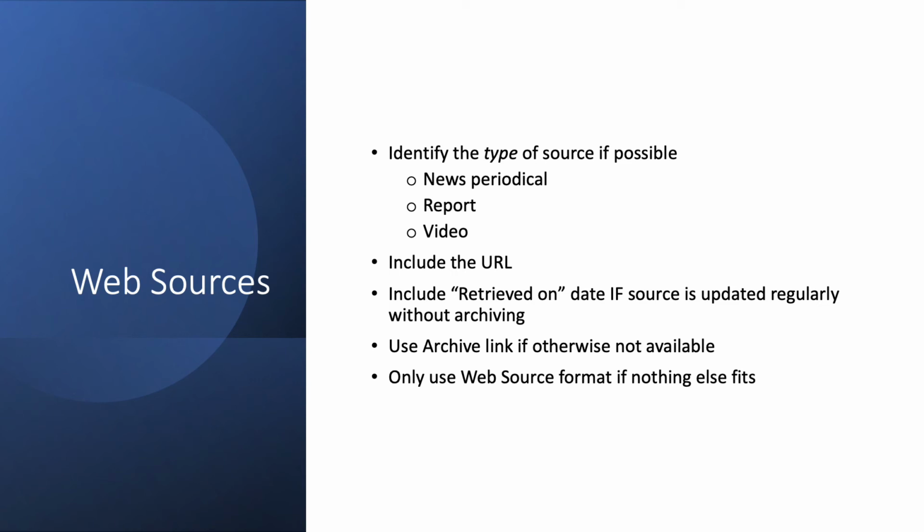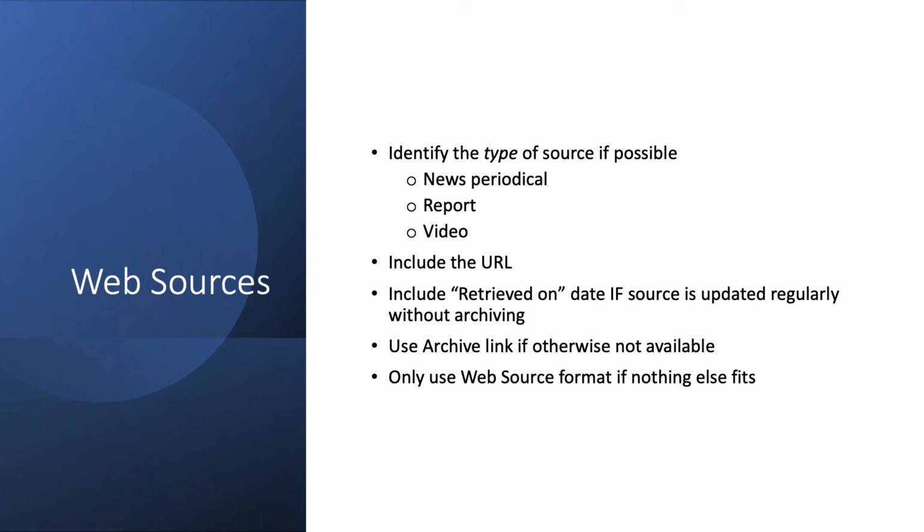In the current edition of APA, web sources are a bit of a catch-all miscellaneous category. So if possible, don't just default to the web source format if you have something that you accessed online, like a website or video. If it's a news periodical that's hosted online, you'll use the format for a news periodical.